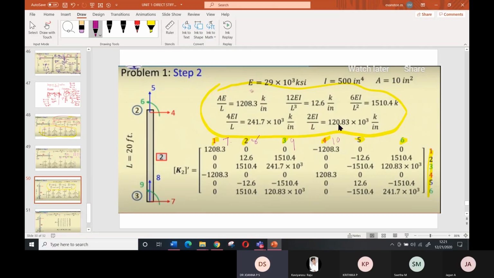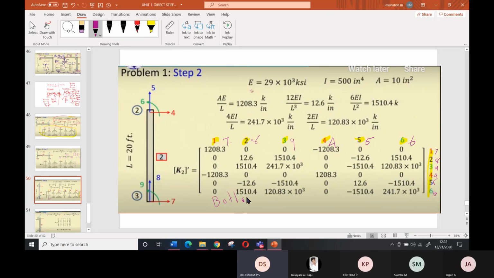Sorry, this is not 10. 4, 5, 6. So similarly here also, from bottom to top only you have to number.